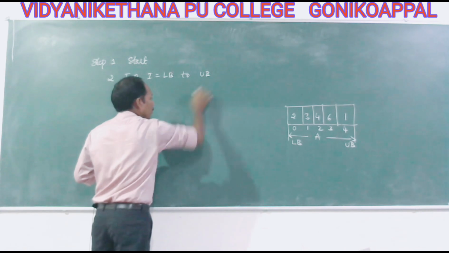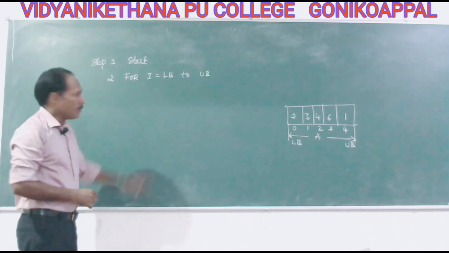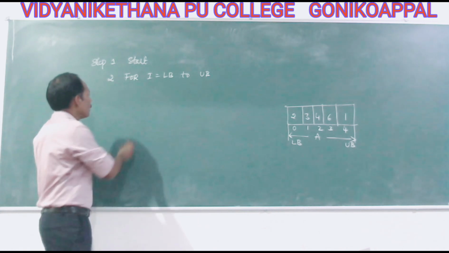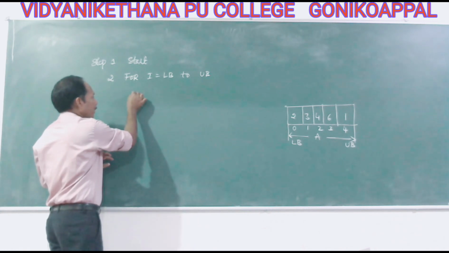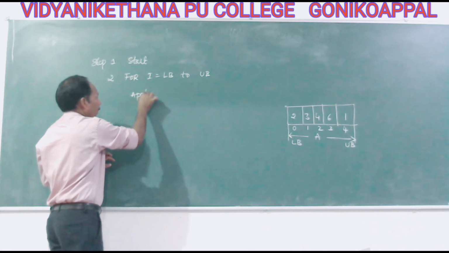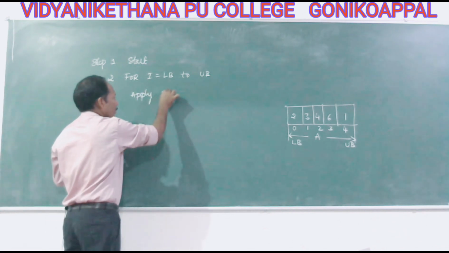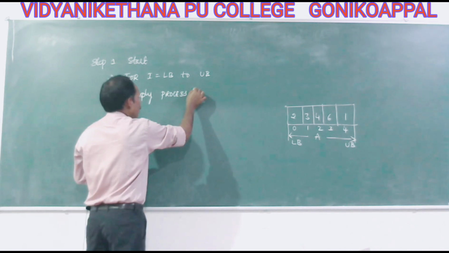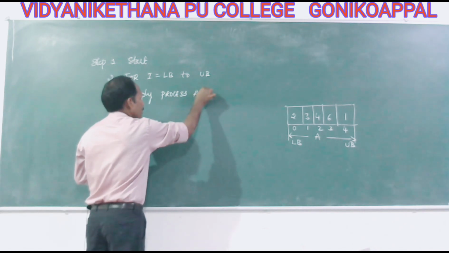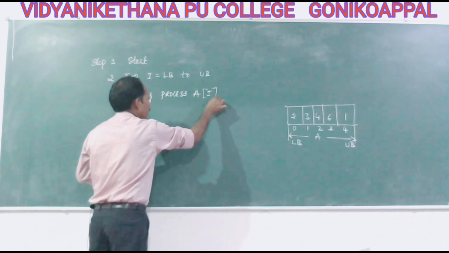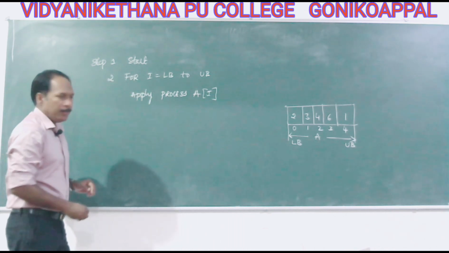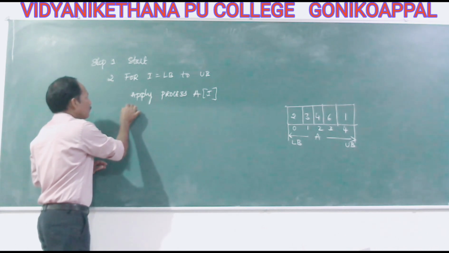For I equal to lower bound to upper bound, do the following. We apply the process on A of I. On each element we are applying the process. That's what we repeat for all the elements from beginning to end. So it is end for.